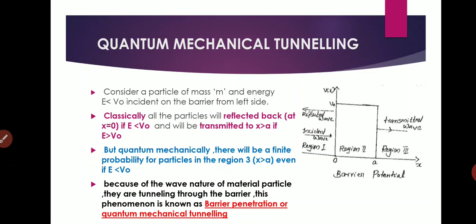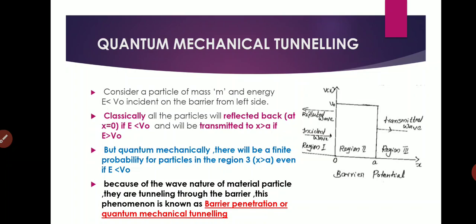But in quantum mechanics, the wave function representing the particle wave does not vanish on the other side of the barrier. This shows a finite probability of the particle penetrating the barrier. The phenomenon of penetration of particles through barriers higher than their own incident energy is known as tunneling.